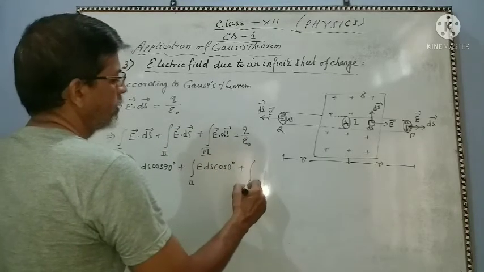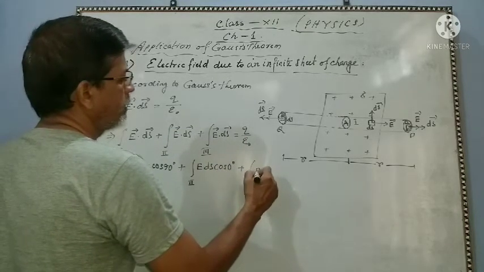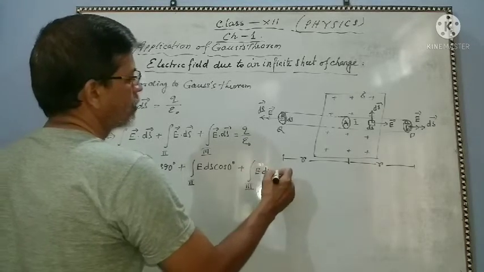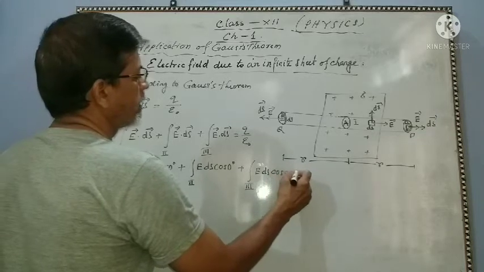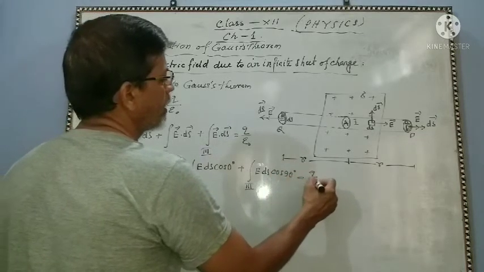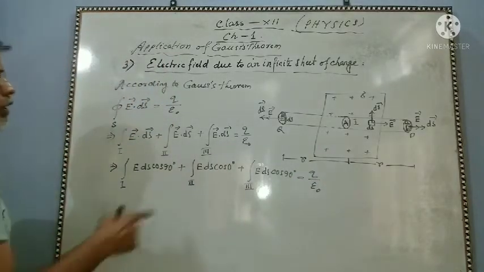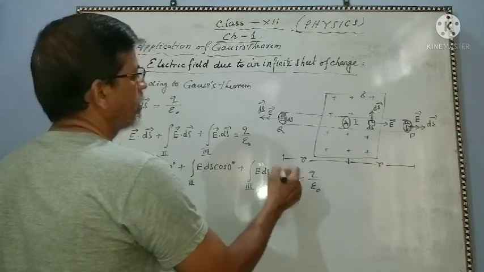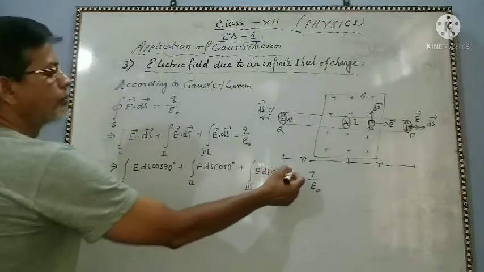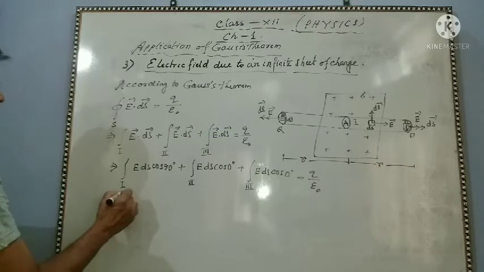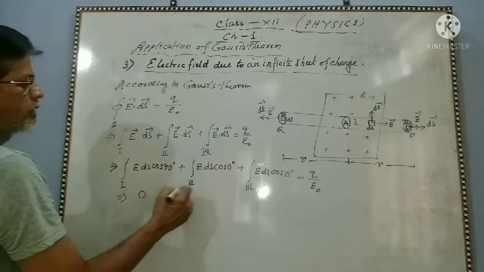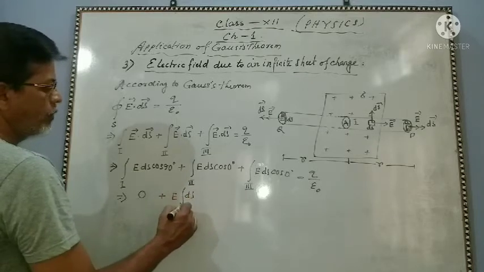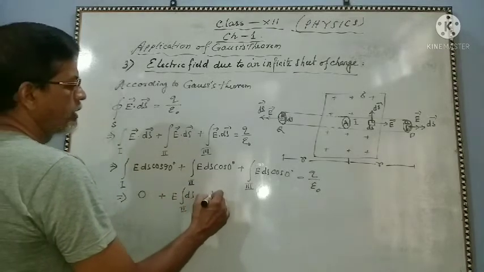In part 3, sorry, this is also 0 degrees. So cos 90 is 0, so part 1 is 0, plus part 2 plus part 3.